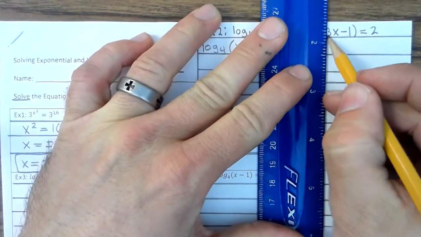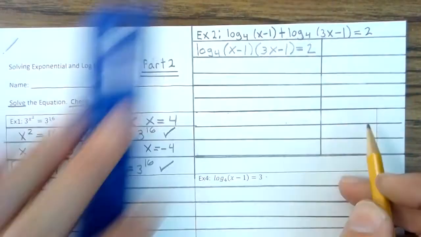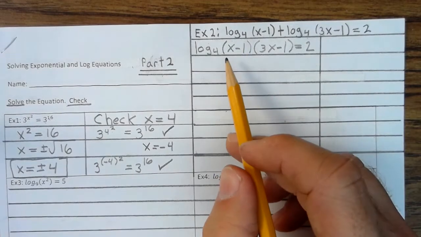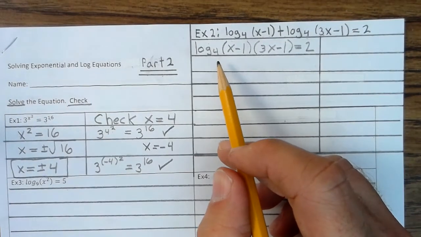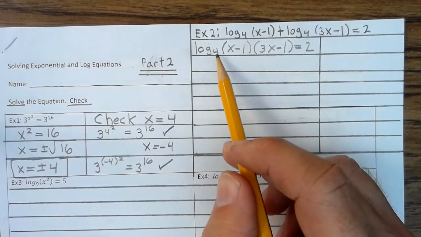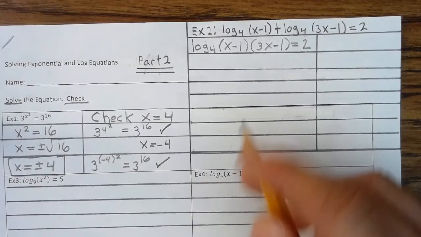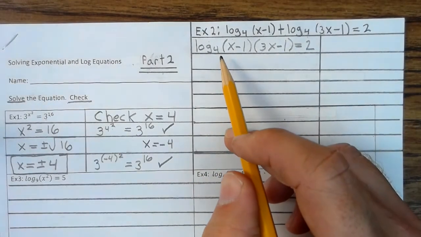And I'm going to draw a horizontal line here just to save space for checking. All right, so now here we know from our notes that to go from a log to exponential, well, that was inconvenient, those bells.